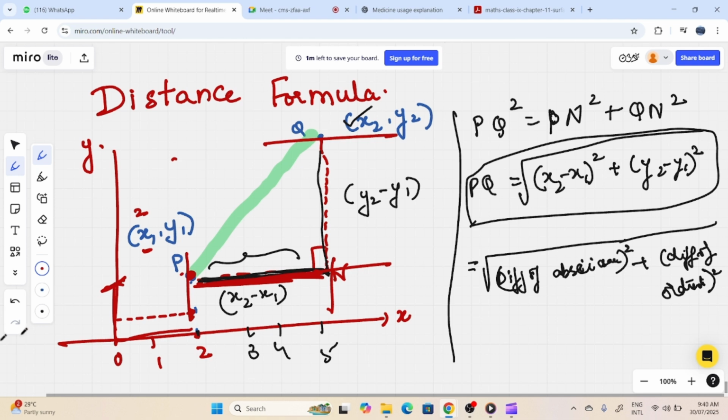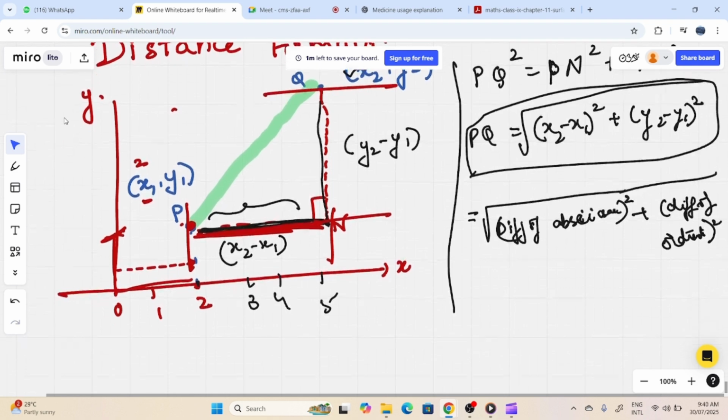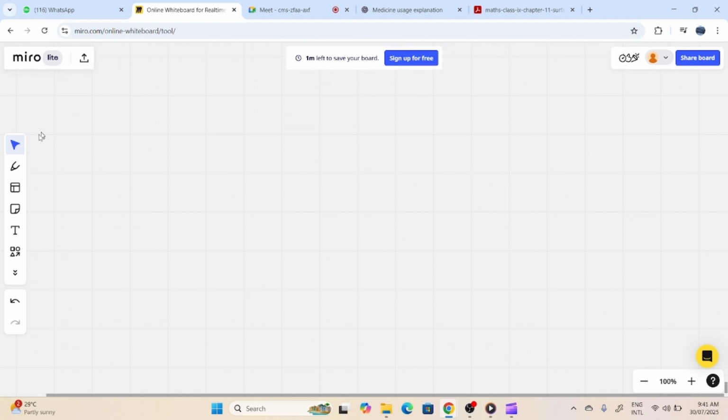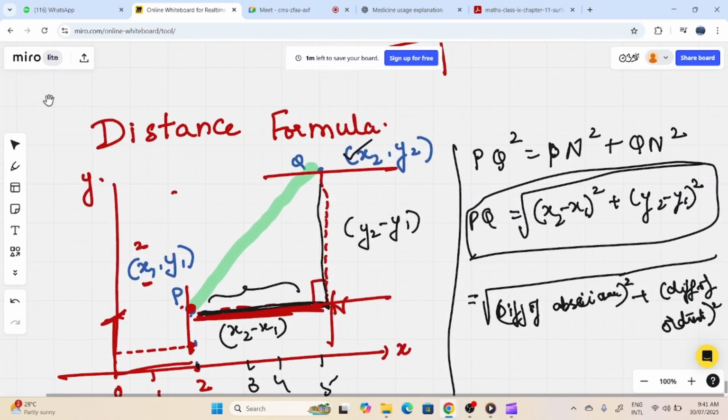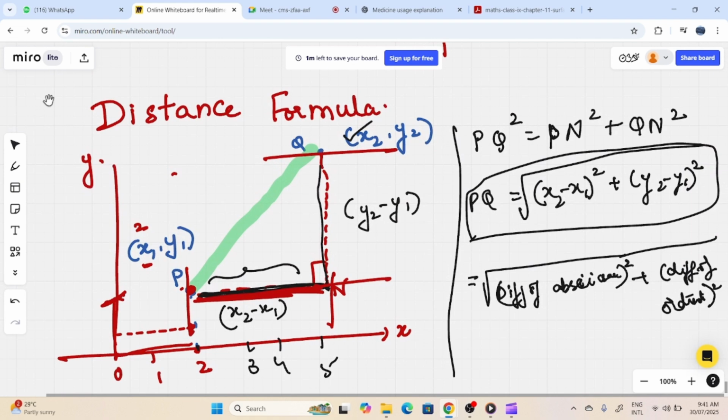Let's do a question. Ma'am, can you give me a minute? So what we are finding is the distance between P and Q, right?